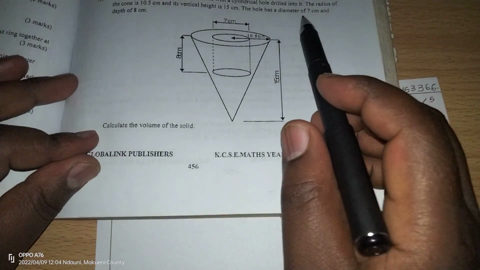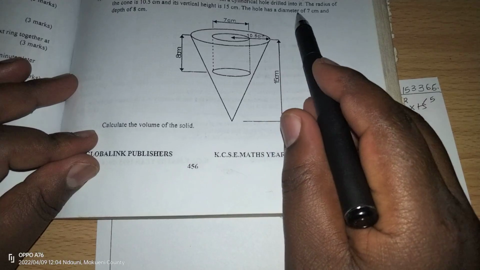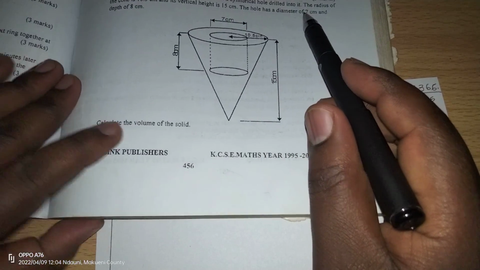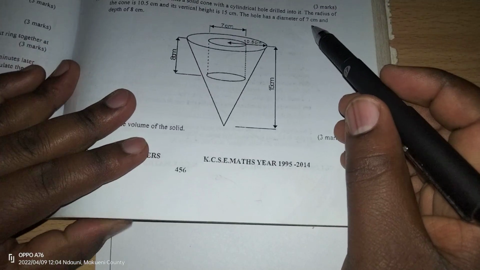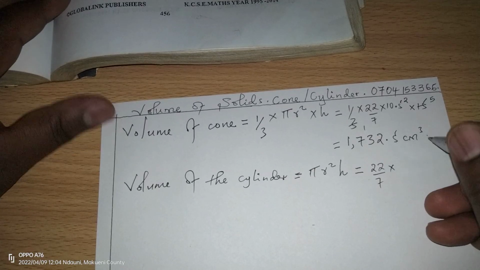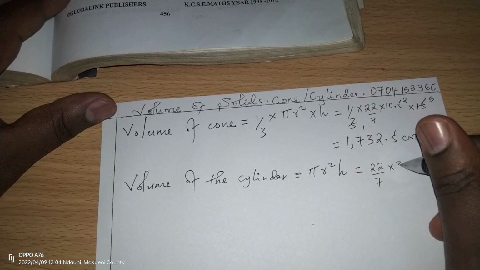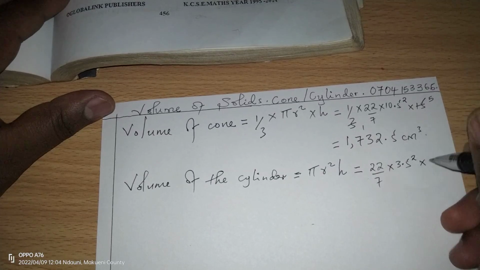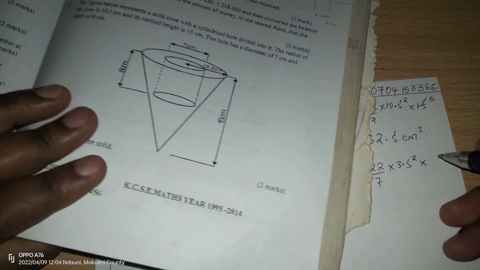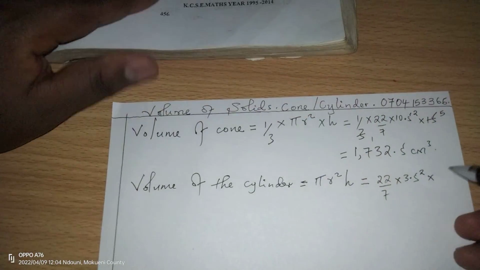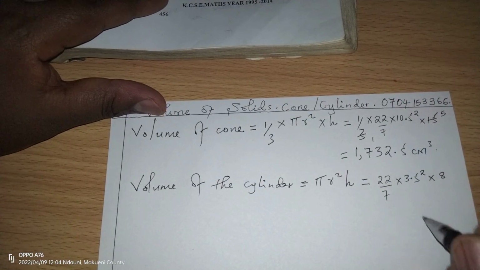For the cylinder, what has been provided is the diameter, which is 7 centimeters. This means we first have to divide this diameter by 2 to obtain the radius. Therefore, 7 divided by 2 is 3.5, squared, multiplied by the height of the cylindrical hole, which is 8 centimeters.